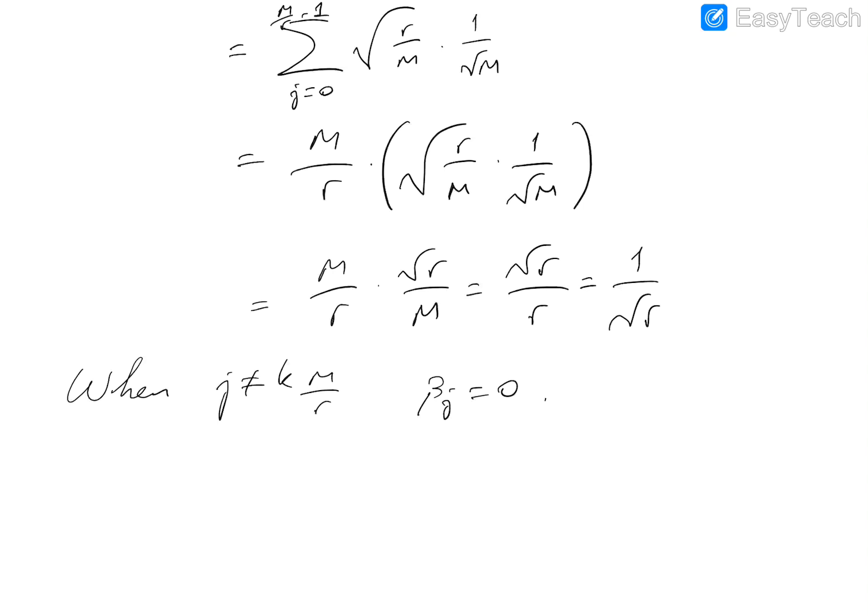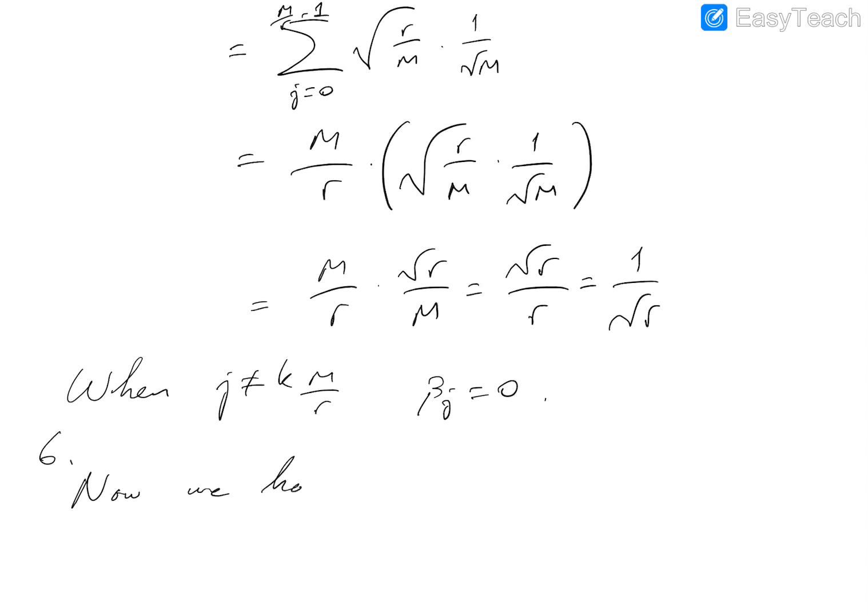So right now we measure the first register, and what we obtain is a random multiple of m over r. Okay, so step 6.